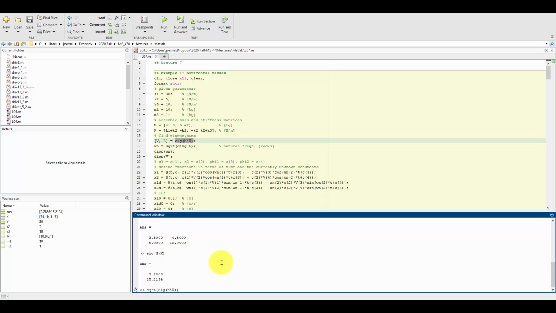So I want the square root of those values. Those are the natural frequencies of my system. I have 2 because I have 2 degrees of freedom. So I have natural frequencies of 1.81 and 3.90. Notice it did give them to me in ascending order. That's not always the case, but on paper, when I record these, I would always put them in ascending order. So we'll go back and we'll record these values.